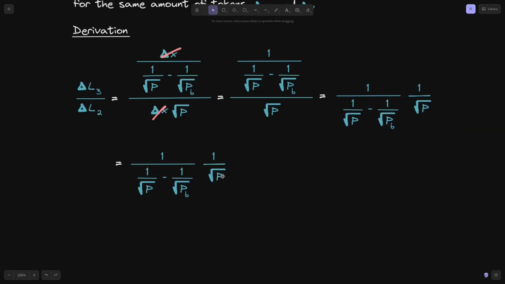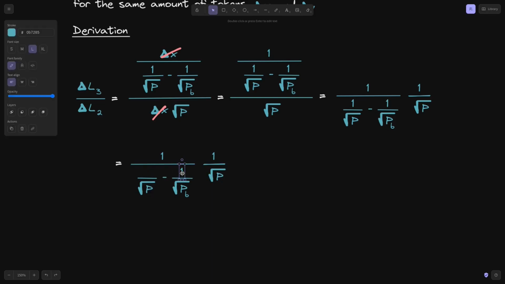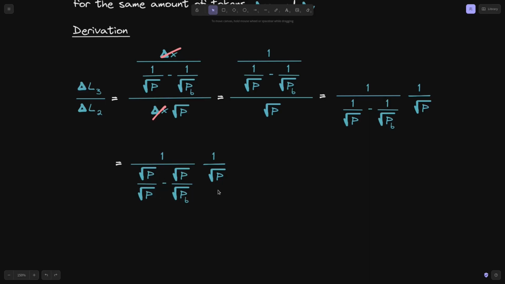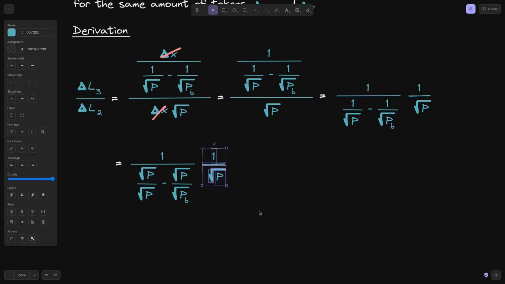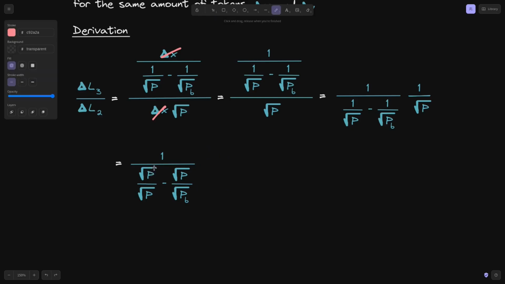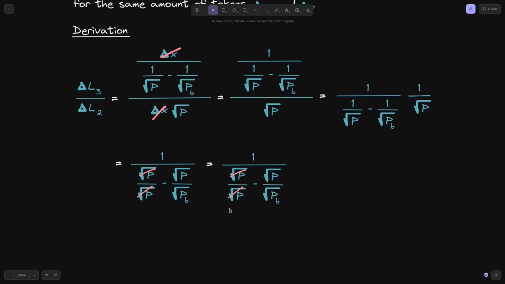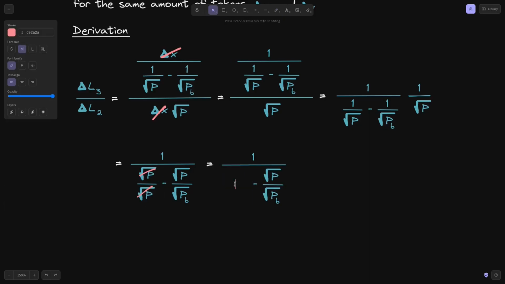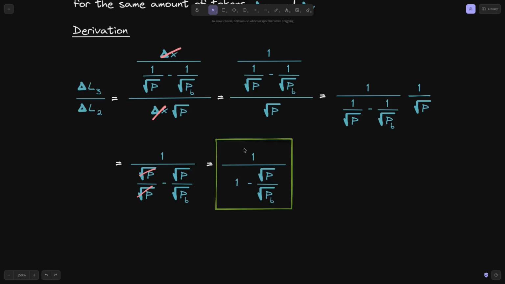I'll bring the square root of P to the bottom of this equation, so replace the ones with a square root of P. Since we brought this inside, we'll just remove this. I see a square root of P over here and another one over here, so this simplifies to 1. I'll come back to this equation later, but for now, I'll just highlight this intermediate result.